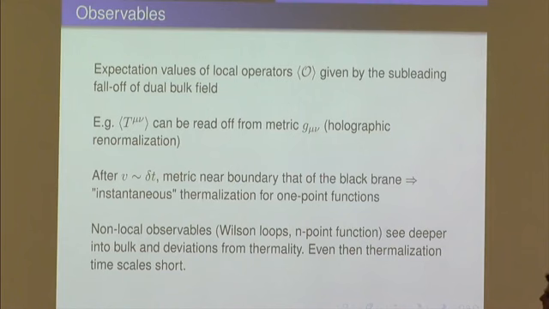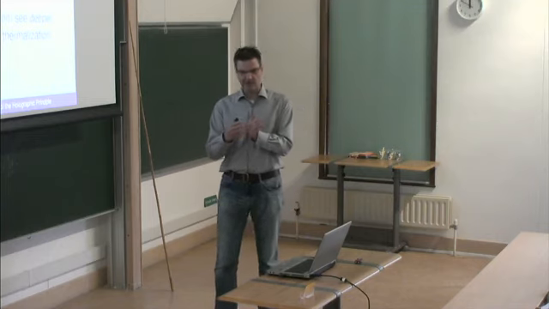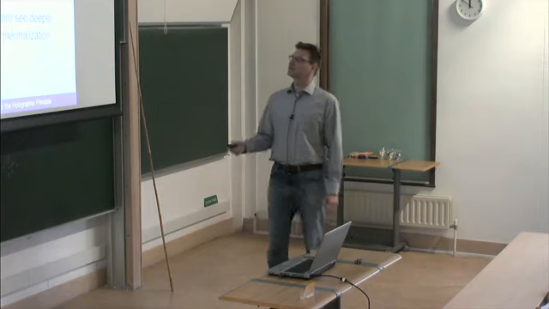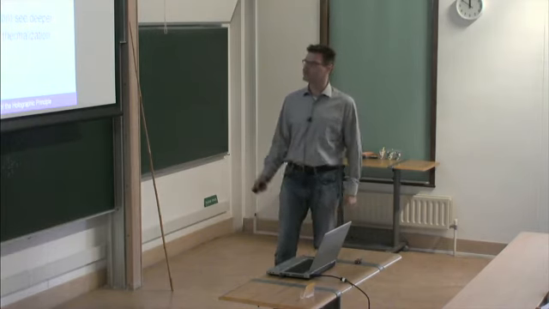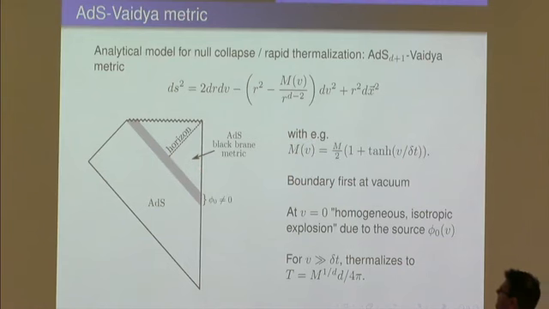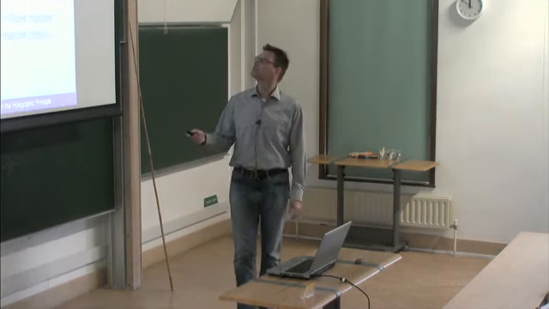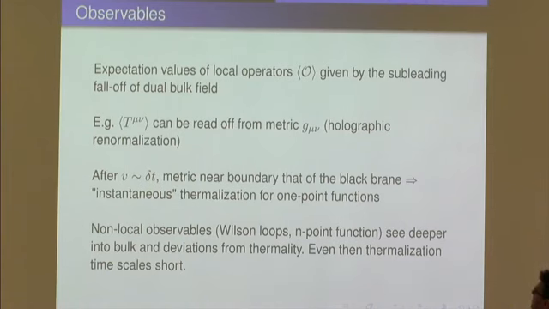When you solve the field equations, you just look at the profile of the field very close to the boundary, so what happens deeper at the horizon doesn't matter. Near the boundary the geometry is just that of a black brane, so these one-point functions would be instantly thermalized.